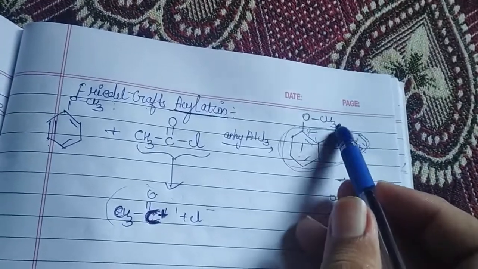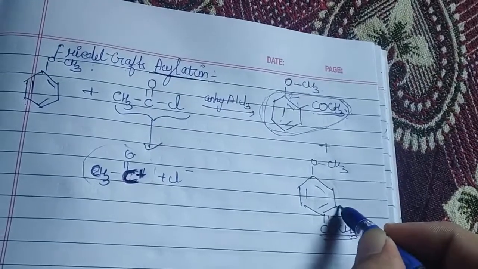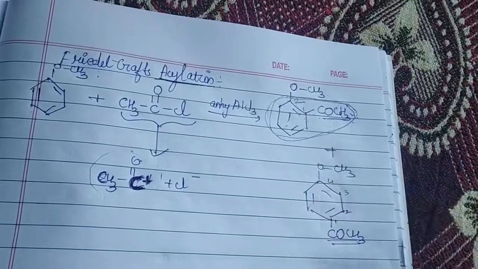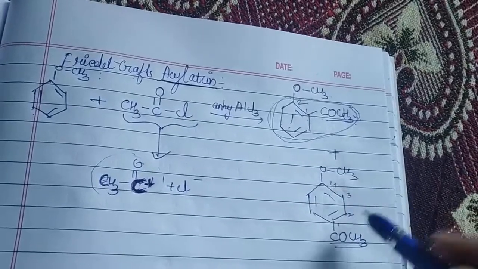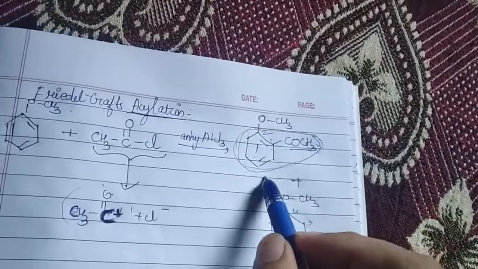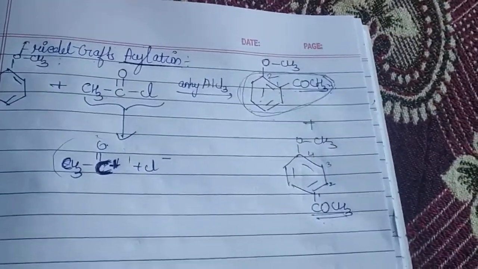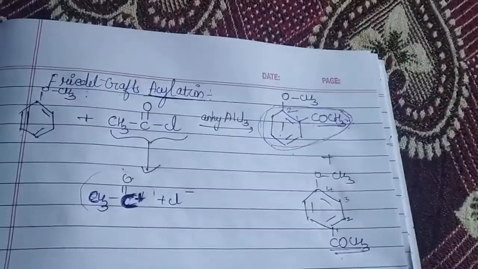So 2-methoxyacetophenone. This is 1, 2, 3, 4. This is called what? 4-methoxyacetophenone. Okay. Why am I not writing its name? Because I want to give its IUPAC name also. It is very important from the competitive exam point of view. I want to give its IUPAC name, so I am not writing the common name.